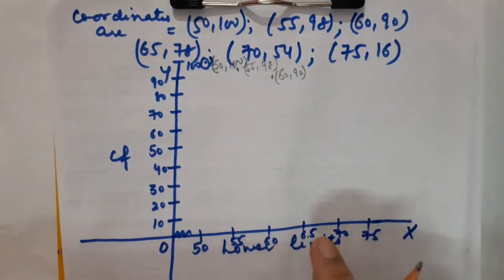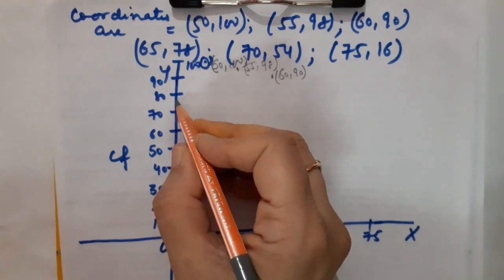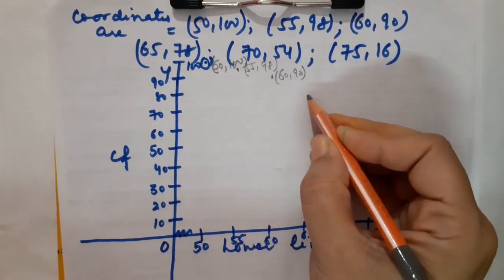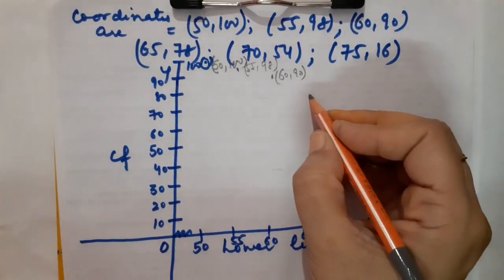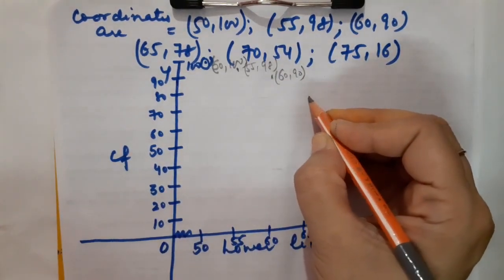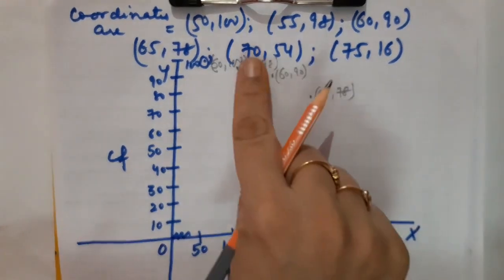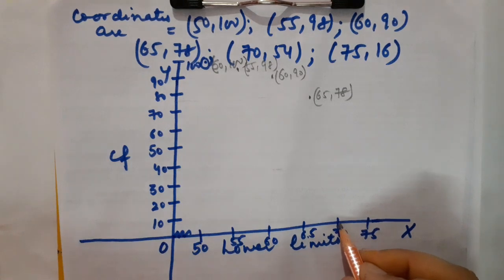Next is 65 to 78, which will be approximately here. 70 to 54. This is 70.